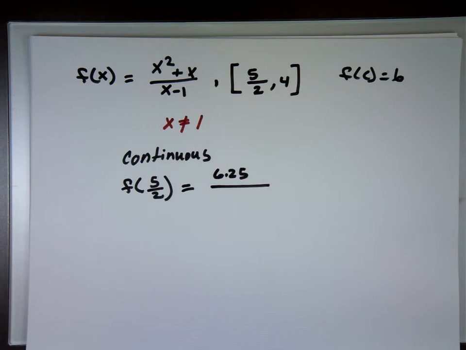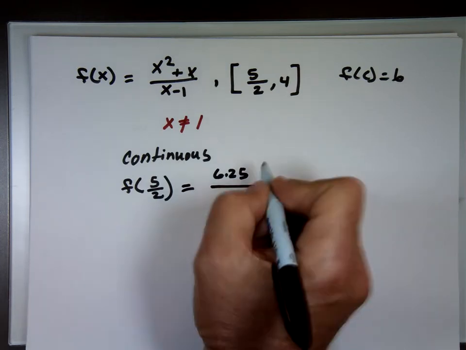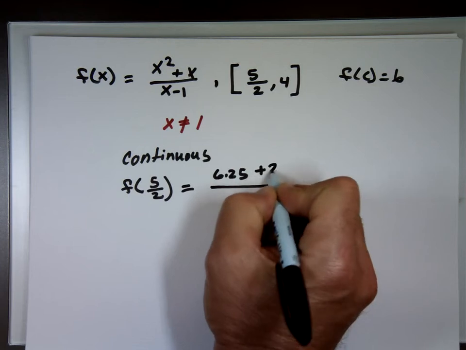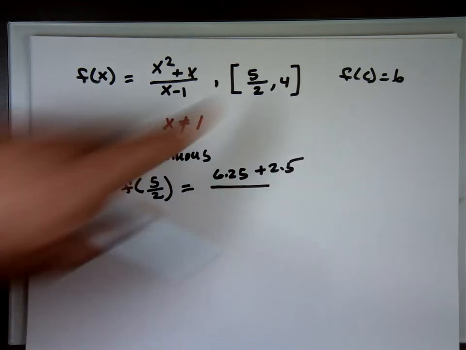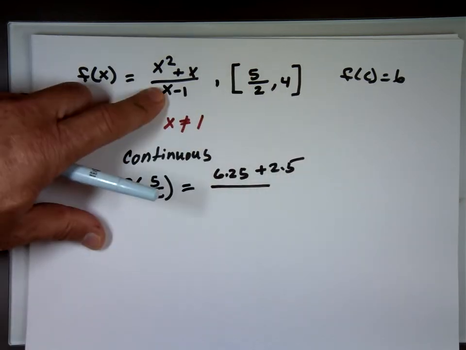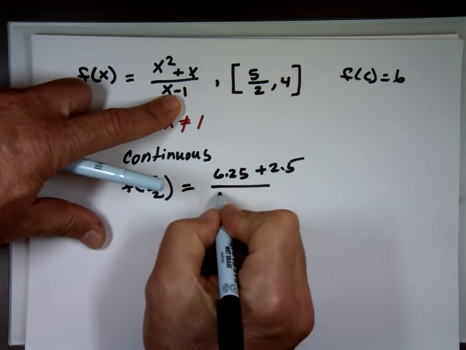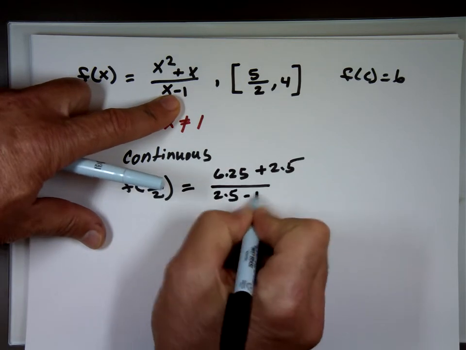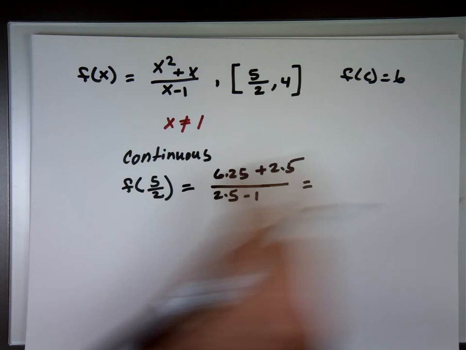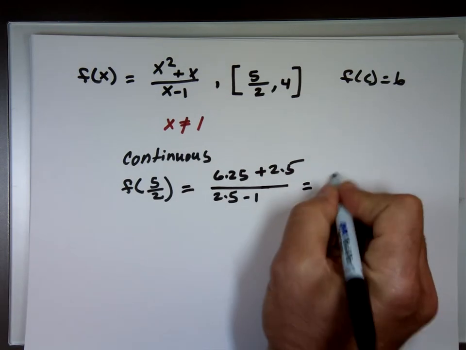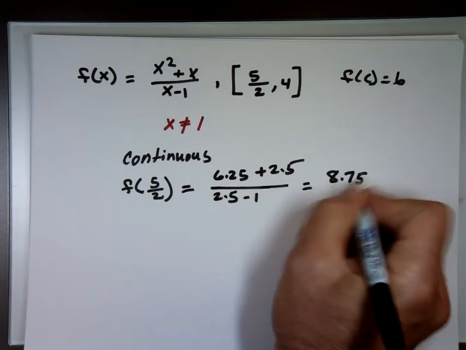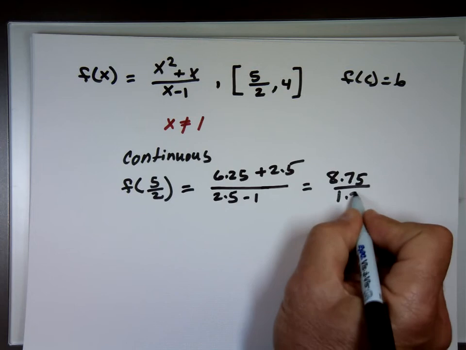Plus 2.5, since 5 over 2 is 2.5, over 2.5 minus 1. So what do we have? 6.25 plus 2.5 is 8.75, over 1.25.